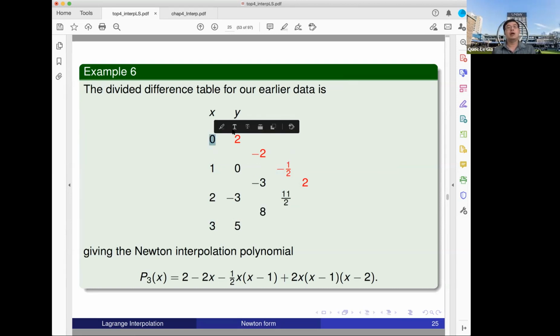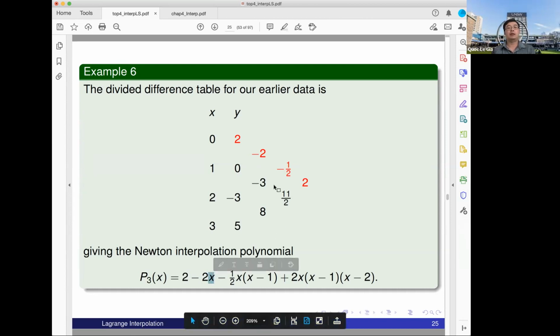And then when you have all the red coefficients, then you plug them into the Newton polynomial here. So 2 is the first coefficient here. And then minus 2 is here, and remember this one is just x minus x0. Sorry, this one is just x minus 0, which is just x. And then the second one is minus 1/2.